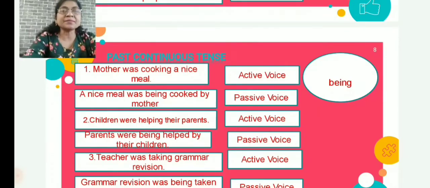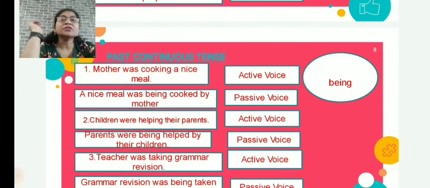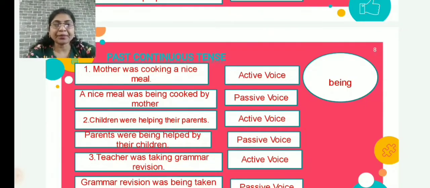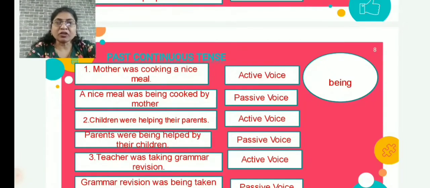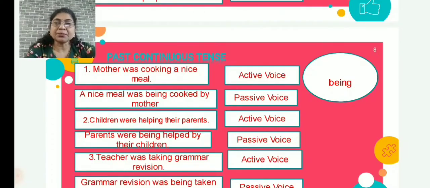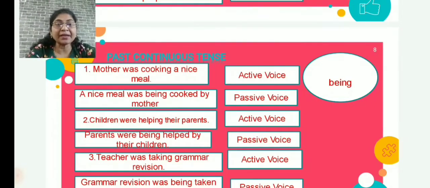So a nice meal will come on the place of the subject. A nice meal was being cooked by mother. A nice meal was, the supportive verb we take, then the word being to show the continuity, then again the past participle, that is the third form of the verb, by mother.